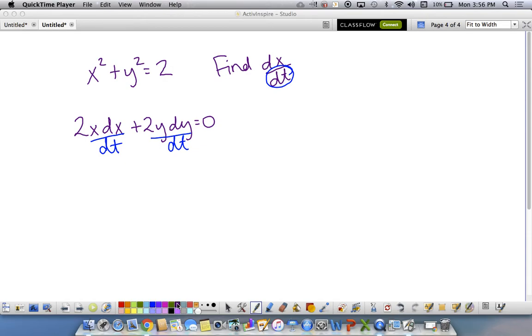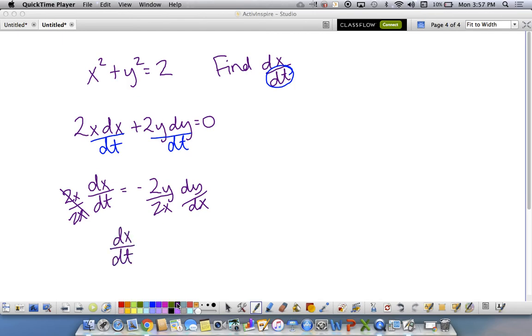No. But I want to solve for dx/dt, so I'm going to get it by itself. 2x dx/dt equals negative 2y dy/dt. Divide by 2x. So dx/dt equals negative x over y times dy/dt. Okay? We've solved for dx/dt.